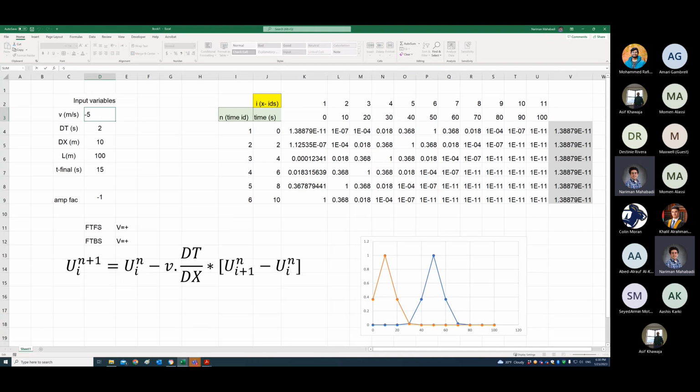Based on that, you pick if you are going to use FTFS or FTBS. And now you can choose delta t and delta x to generate an absolute amplification factor of 1. Then your system is unconditionally stable. Great. Thank you. No problem. Any other question?